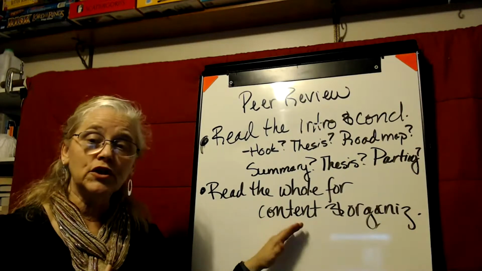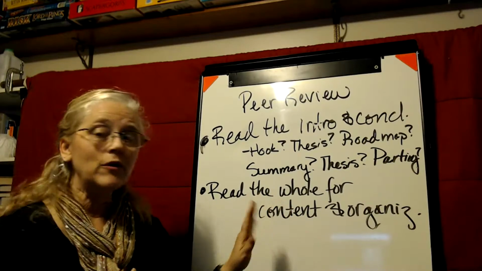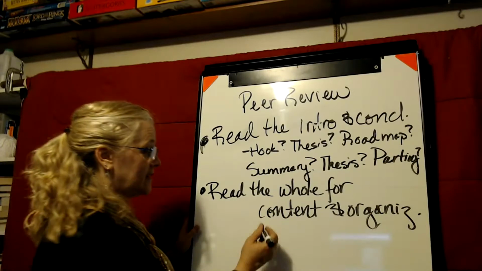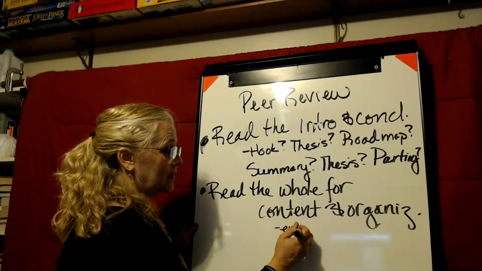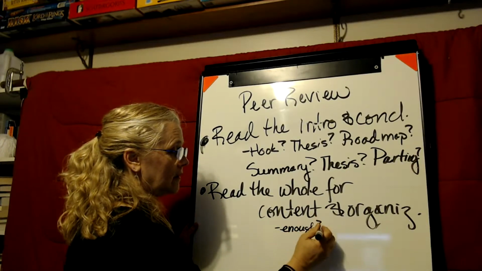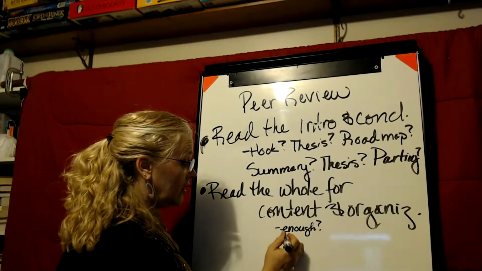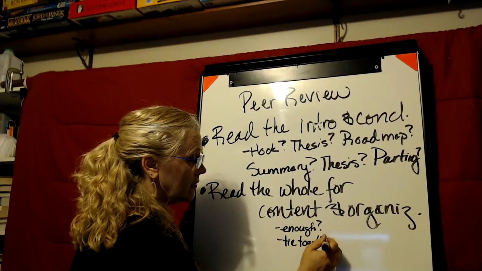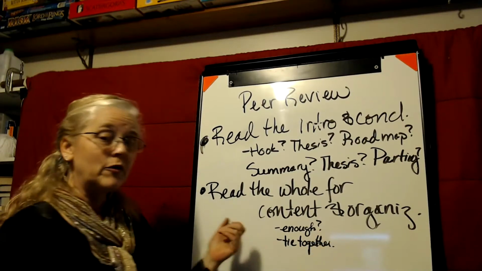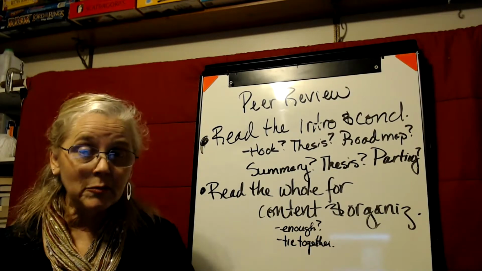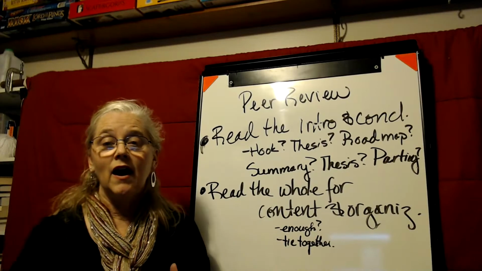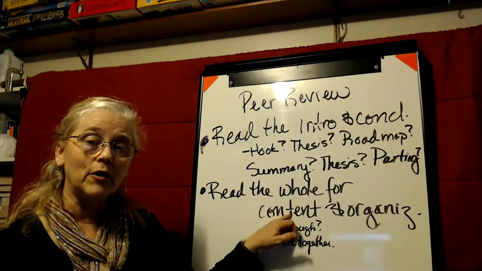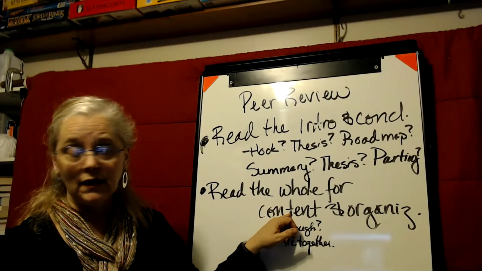For content, that refers to what is the information that's added. So is there enough? Does it all tie together? Is there information that is included that shouldn't be included? Is there information that's missing? So read the whole paper for content.